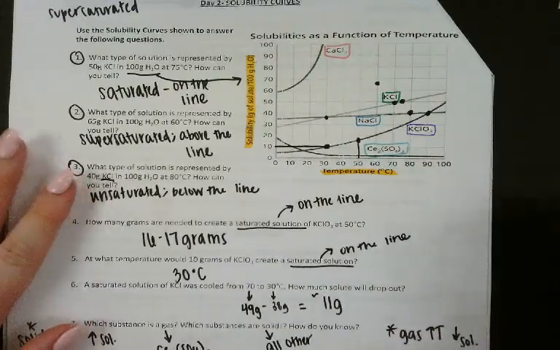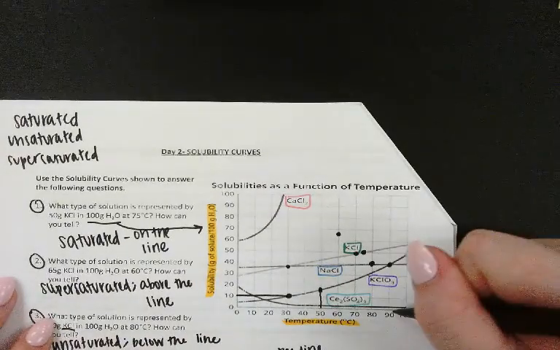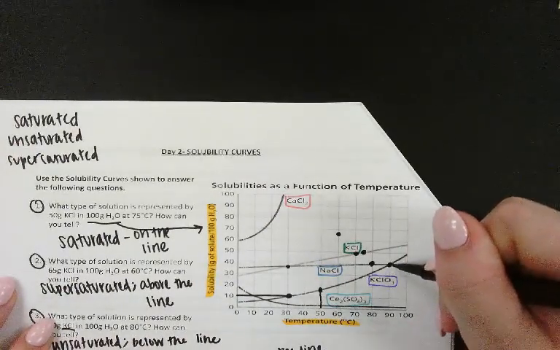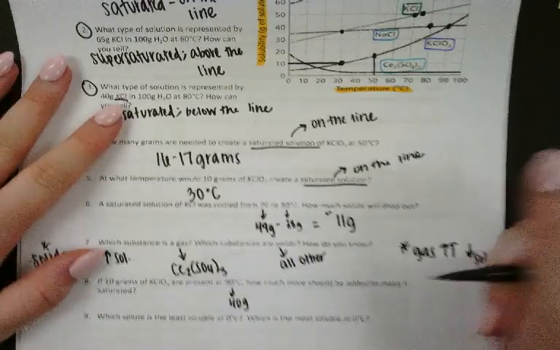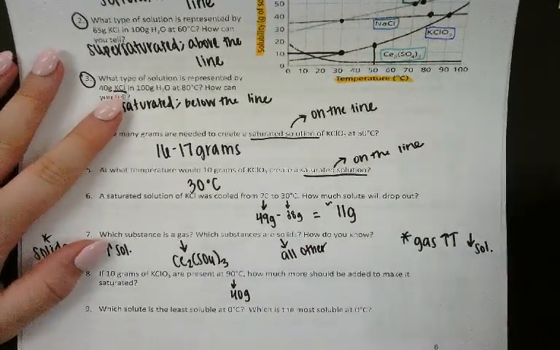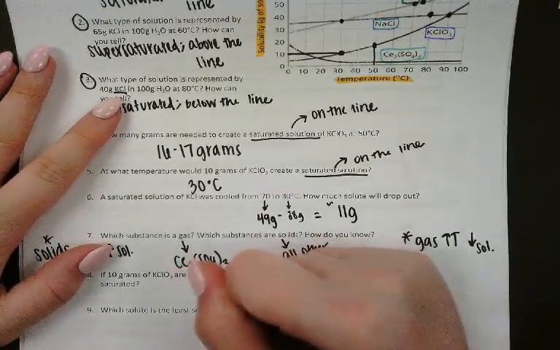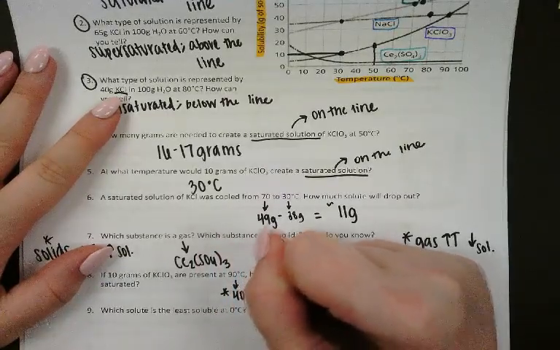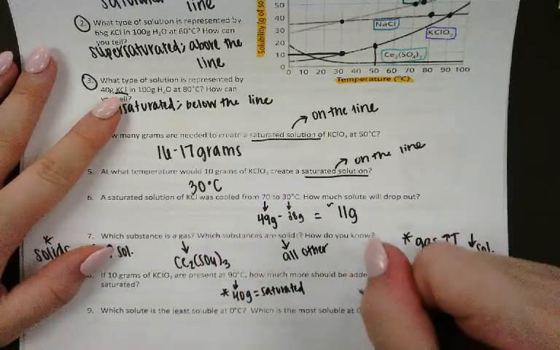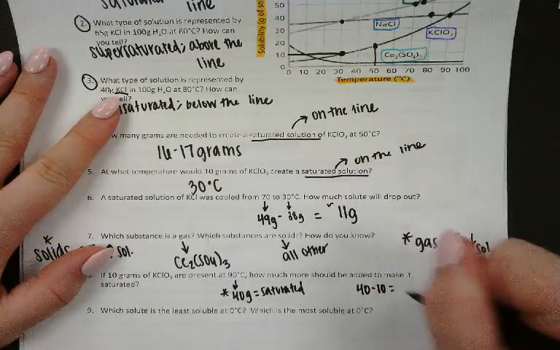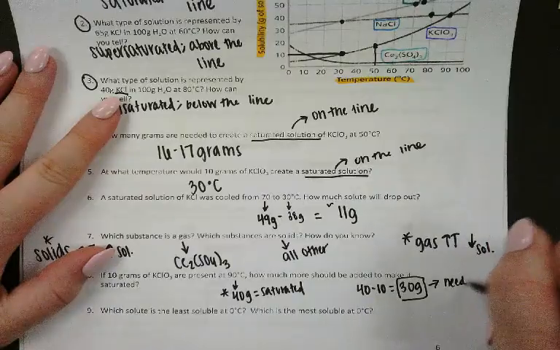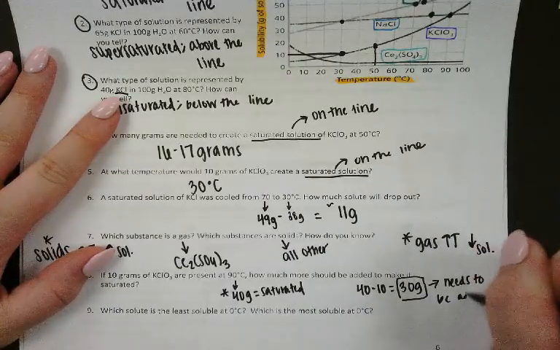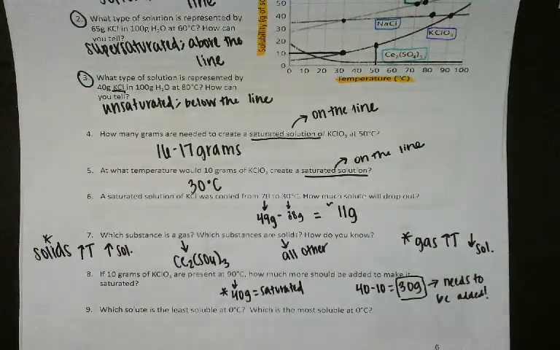It wants to know if I already have 10 grams present, how much more needs to be added to make this saturated. This right here is what we want. This is a saturated solution. So if I already have 10, 40 minus 10 equals 30 grams. That is how much needs to be added.